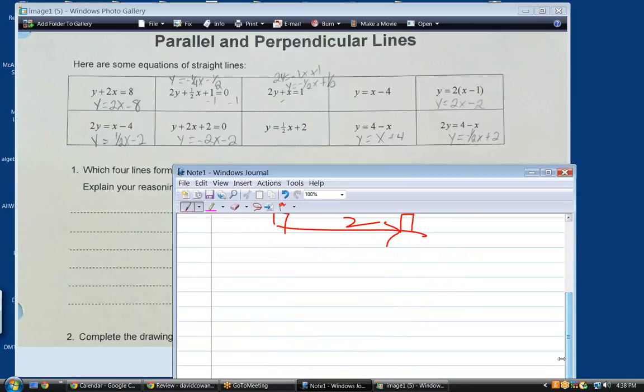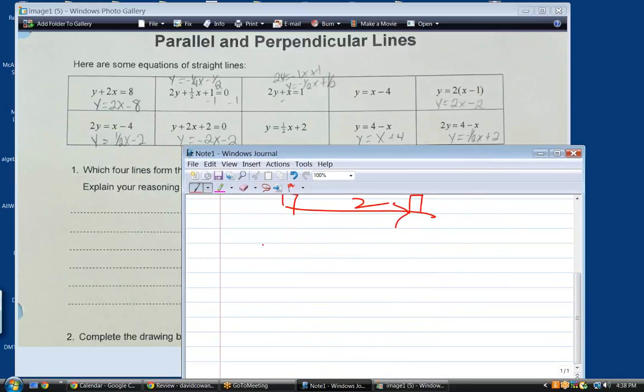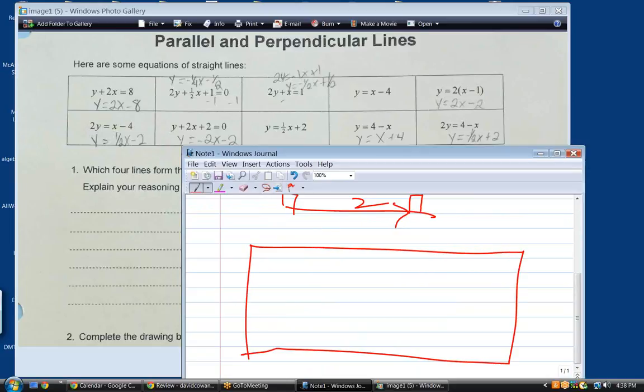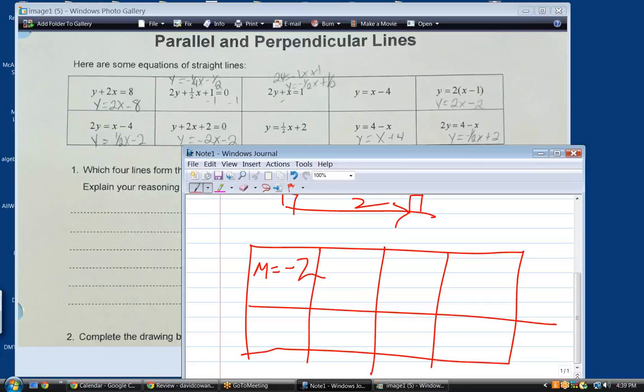Let me just do this way. Slope is minus 2 on that one. Second one, what is the slope? 1/2 x. You got it written right there.